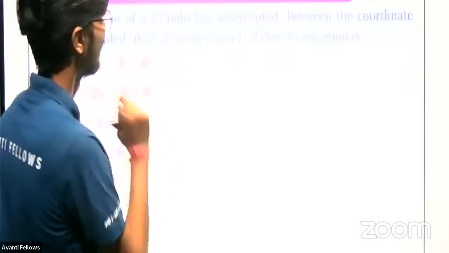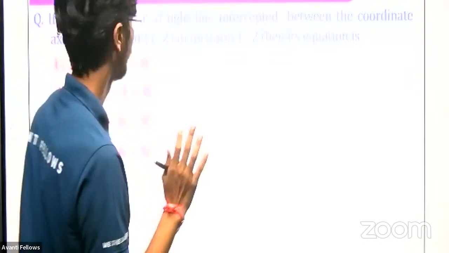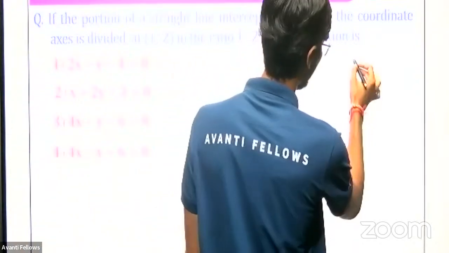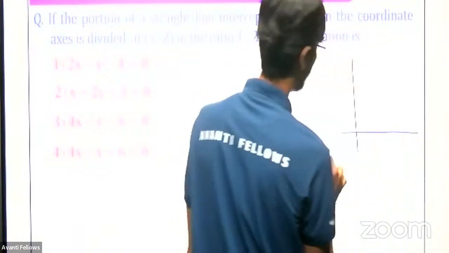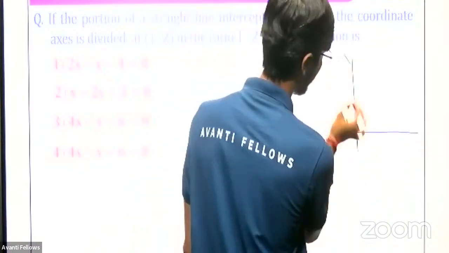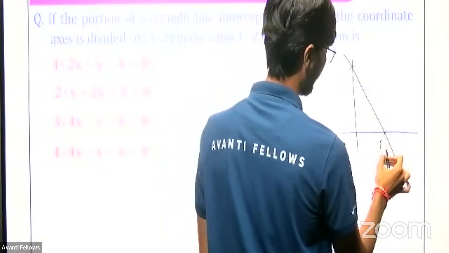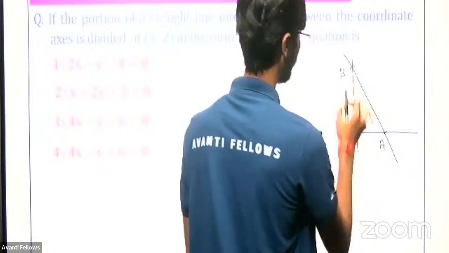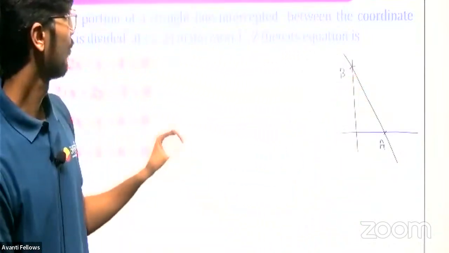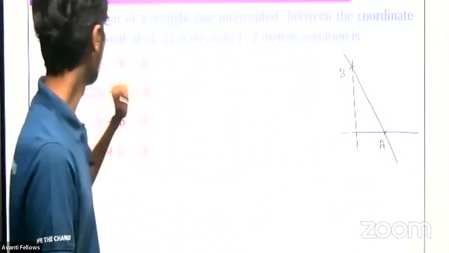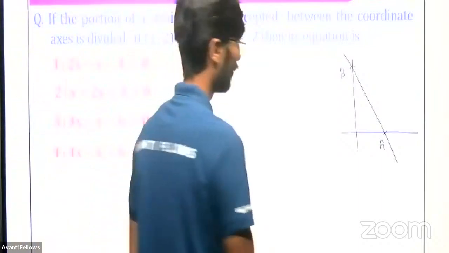Let us first make the diagram. Here we have y-axis and x-axis. He's saying that there is a portion of the line, let's say the portion is AB, intercepted between coordinate axes, divided at 1 comma minus 2.